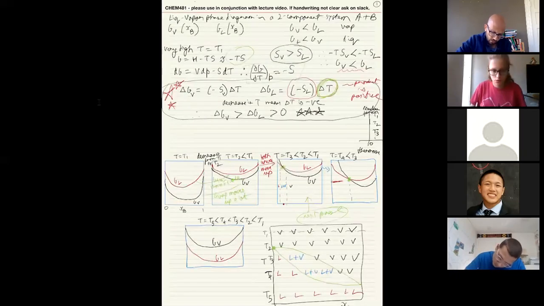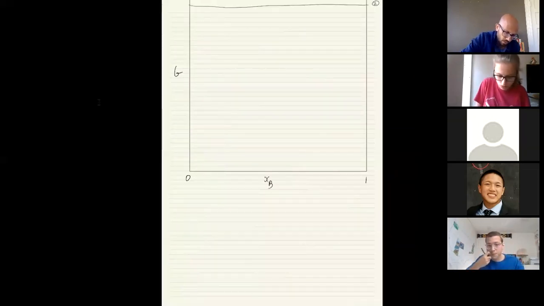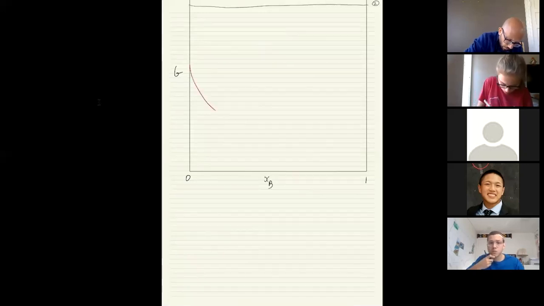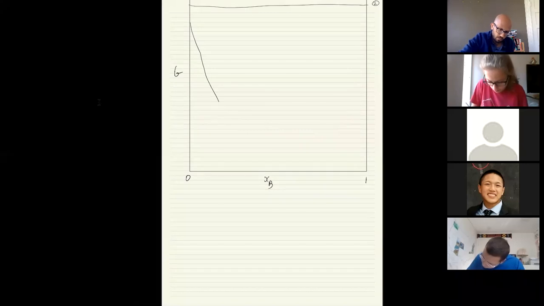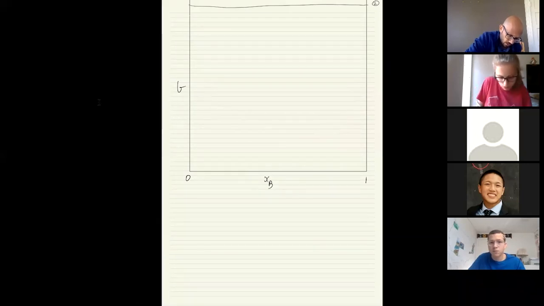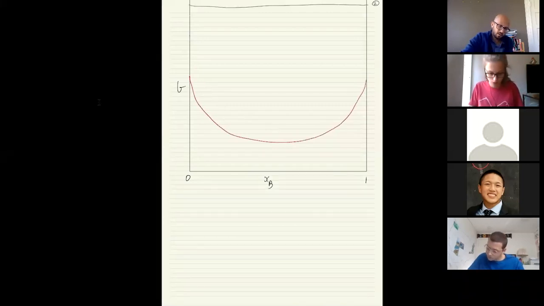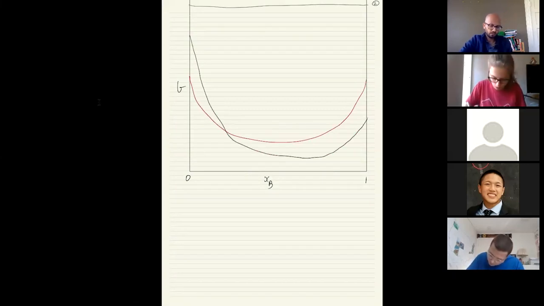I'm using G liquid in red, so this is my G liquid, and I have a G vapor that looks like this.